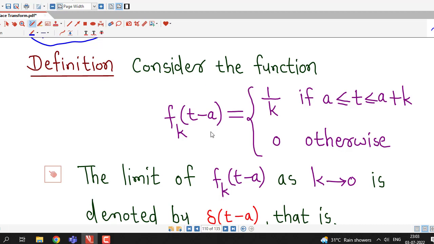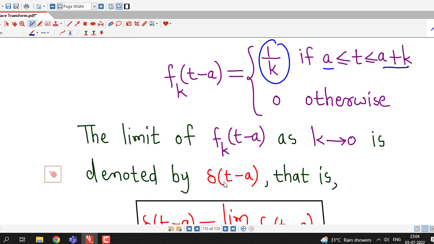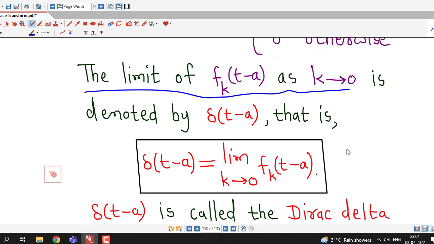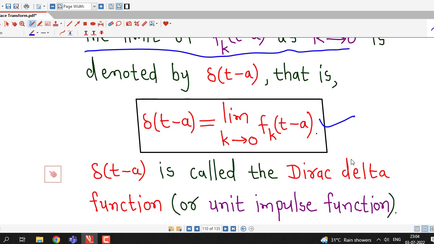First we define the function f_k(t minus a), which has value 1 by k in the interval a to a plus k, and the value of this function is 0 outside this interval. And Dirac delta function is defined as the limit of this function as k tends to 0. So write it in this way if they ask the definition of Dirac delta function.